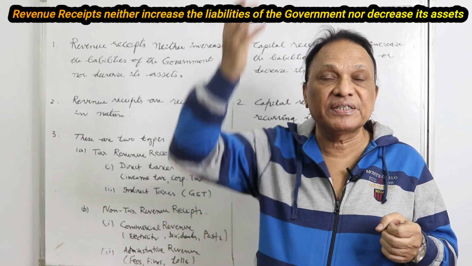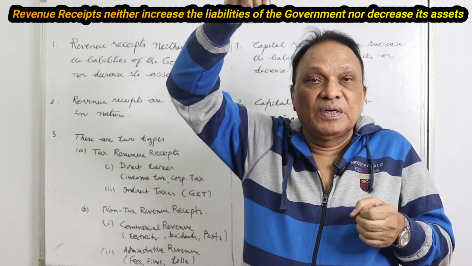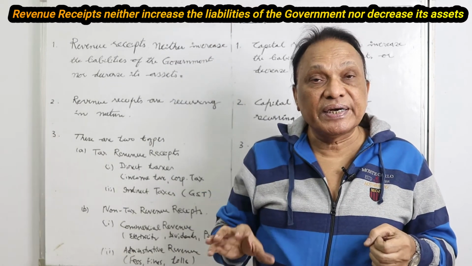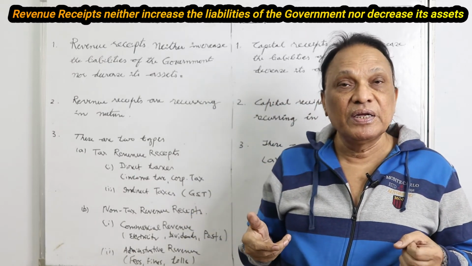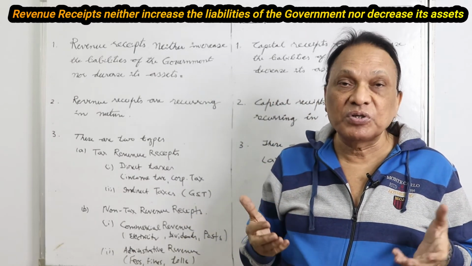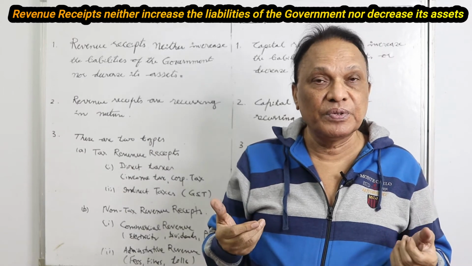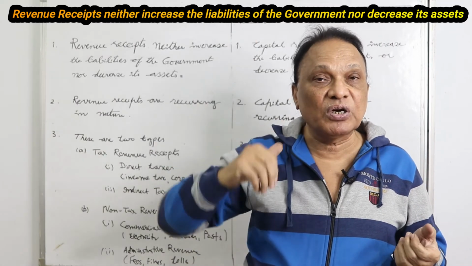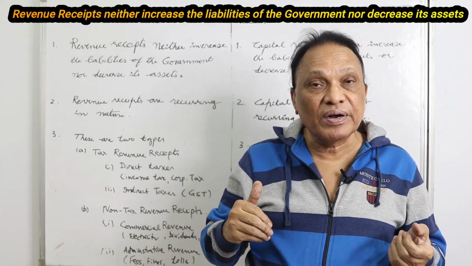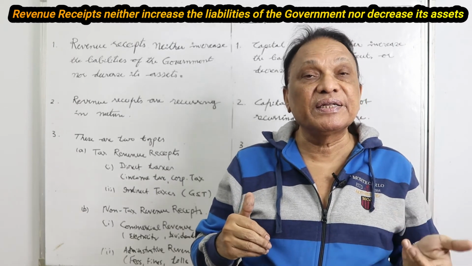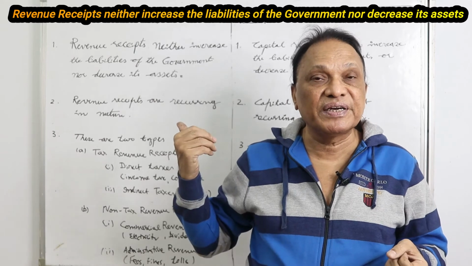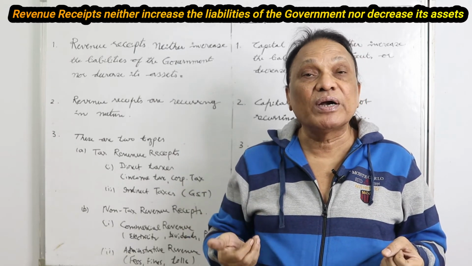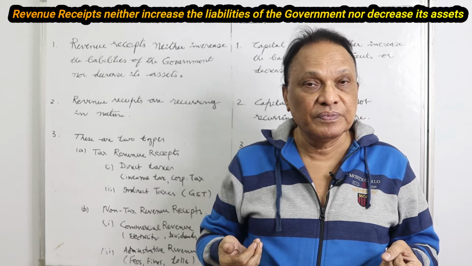When the government is imposing direct and indirect taxes on you, income tax, property tax, when you pay, the government is not liable to do anything for you. That means the liability of the government is not going up, nor is the government selling anything to you, nor are the assets coming down.